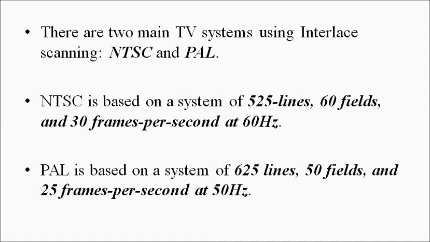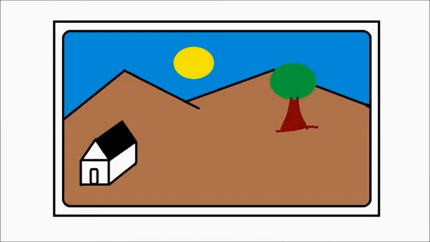PAL is based on a system of 625 lines, 50 fields and 25 frames per second at 50 Hertz. Some countries use the NTSC system and some countries use the PAL system. So this is about scanning.